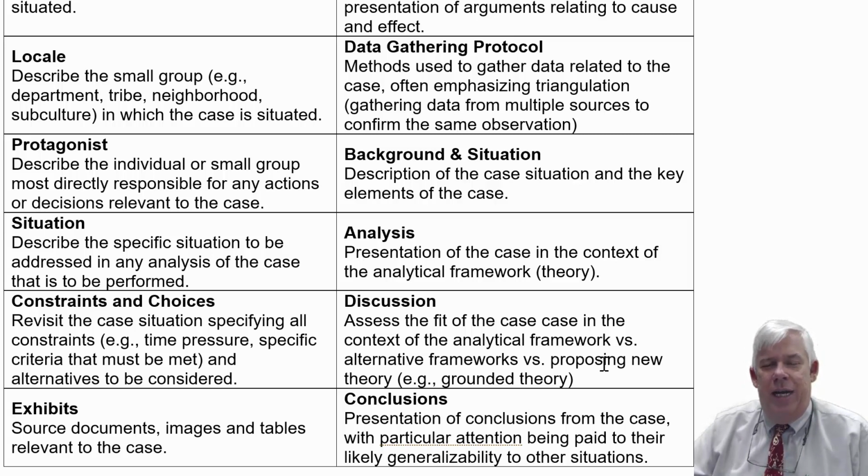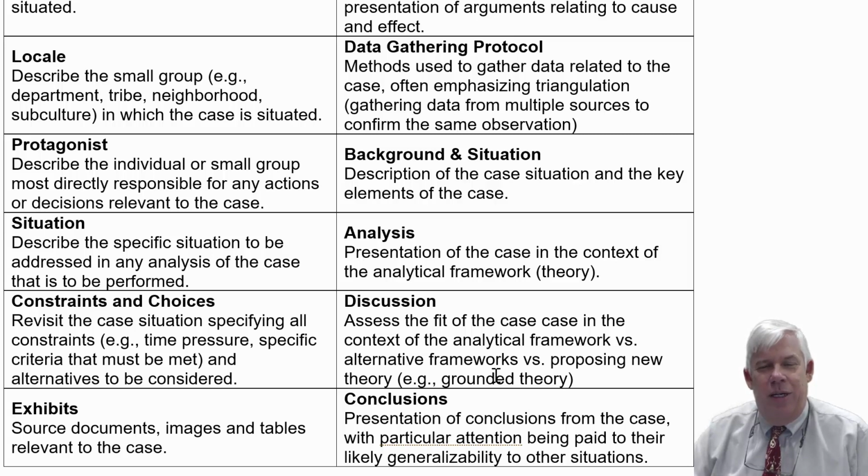In the research case, we actually have a discussion, because the purpose of the research case is not to generate discussion, but to frame discussion for the research reader. And in some cases, if our analysis supports the theory, we'll emphasize that. If our analysis doesn't, in the discussion section, we might introduce new potential concepts or theories that might better explain the case.